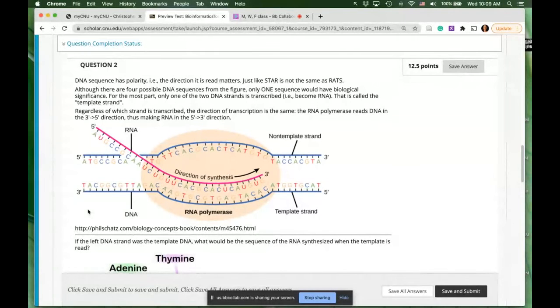Remember, genes are DNA sequences that are transcribed. And here it's making some RNA. We don't know if this is messenger RNA. If it is messenger RNA, then that molecule will be read by the ribosome, and a protein molecule will be made out of it. If this molecule is a ribosomal RNA, then it doesn't get translated. It just exists as ribosomal RNA.